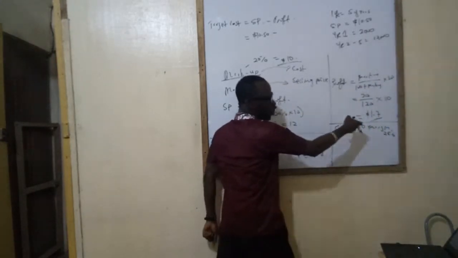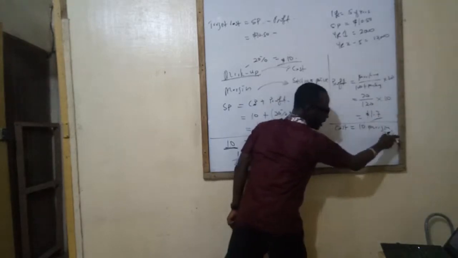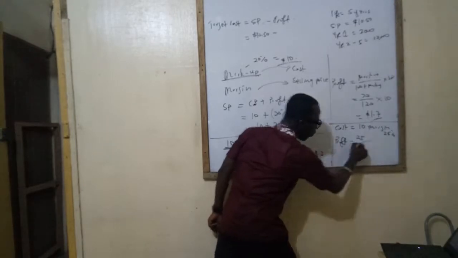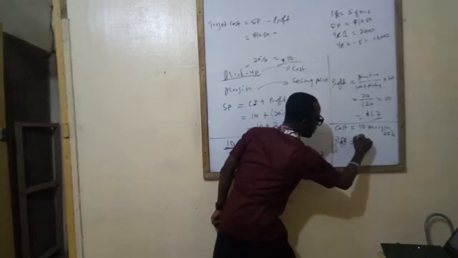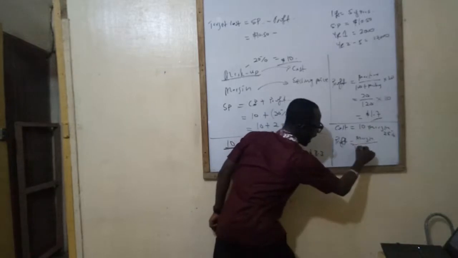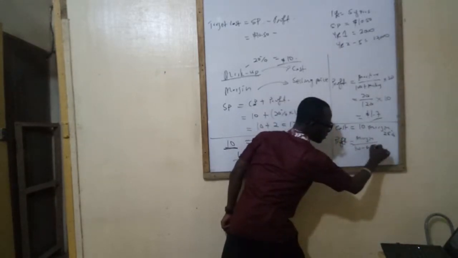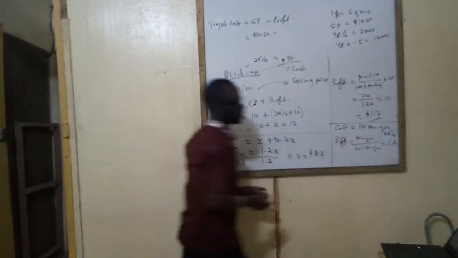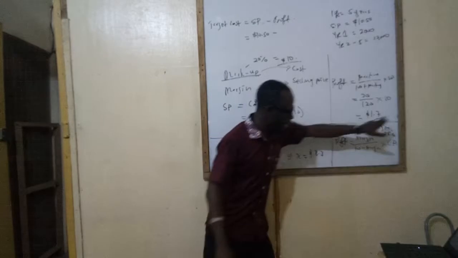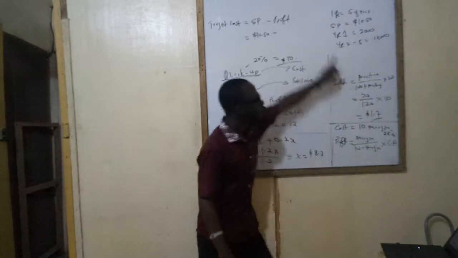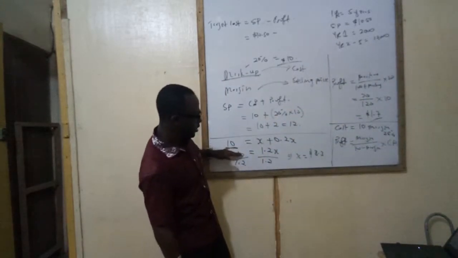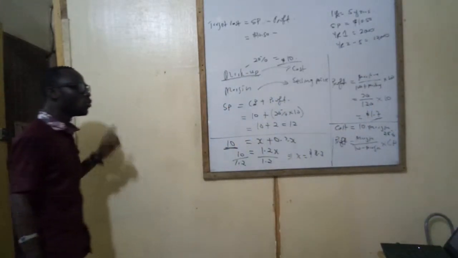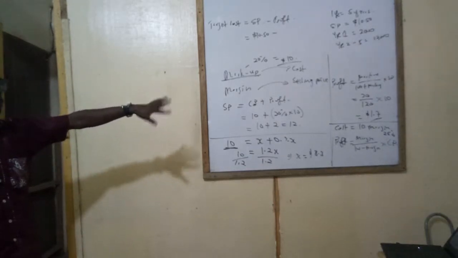So if we are given cost, but the examiner says margin, then the profit will be equal to the margin over 100 minus the margin, times the cost price. So when you have cost and margin, you subtract. When you have selling price and markup, you add up.